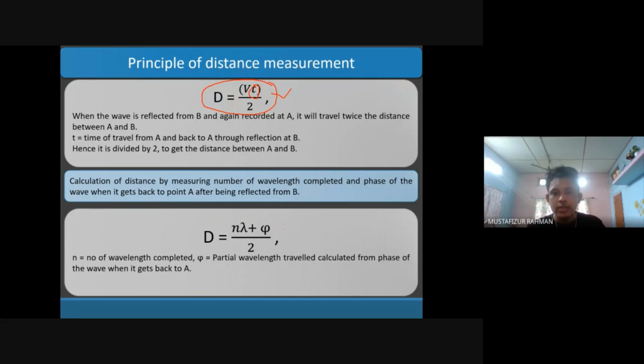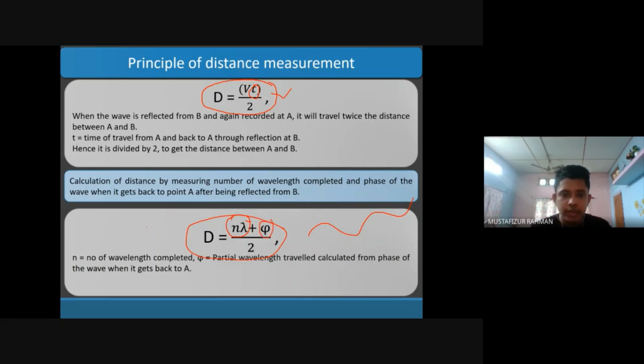Then we saw another procedure where we are calculating the phase. Again, the distance traveled is 2 times d. The distance traveled is given by this. This way the waves were going, right? And lambda is the wavelength. N is giving us how many waves have been completed, and what is the final phase difference.